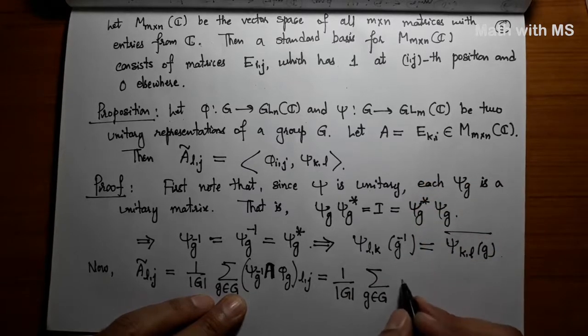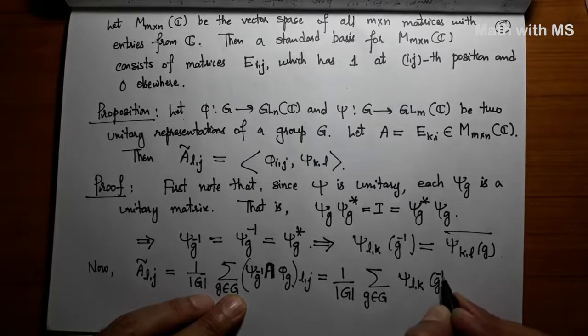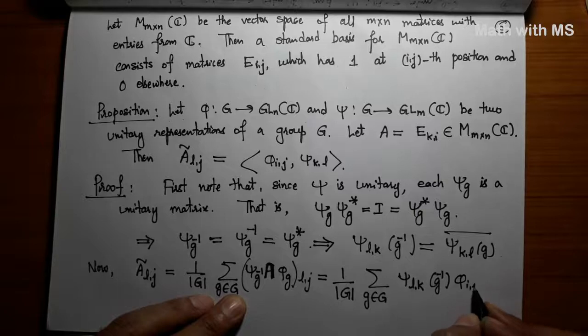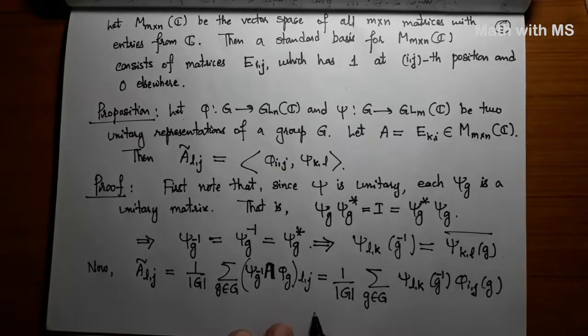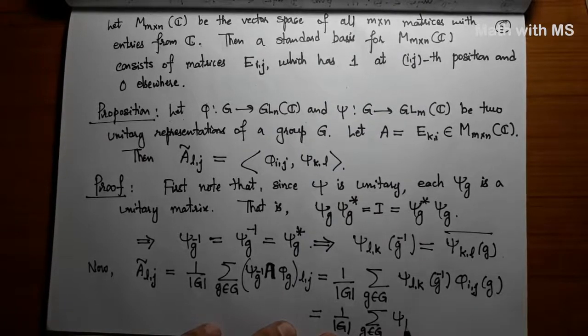So it is given by psi_lk of g inverse phi_ij of g. You can just compute it directly. But what is this? It is 1 over the order of G, sum over g in G, of the complex conjugate of psi_kl of g times phi_ij of g.